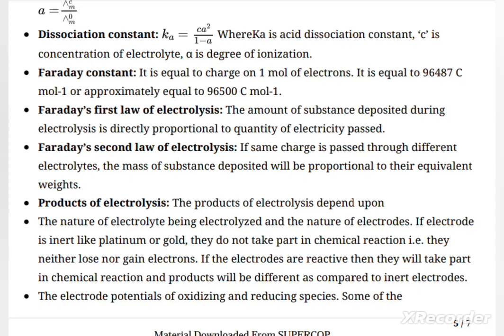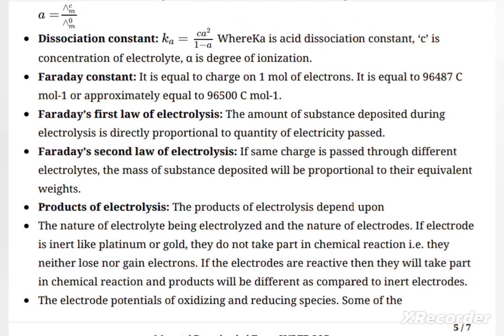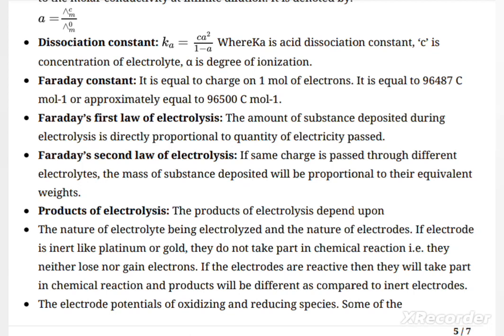Faraday's second law of electrolysis. When the same charge is passed through different electrolytes, the mass of substance deposited will be proportional to their equivalent weight. Products of electrolysis.